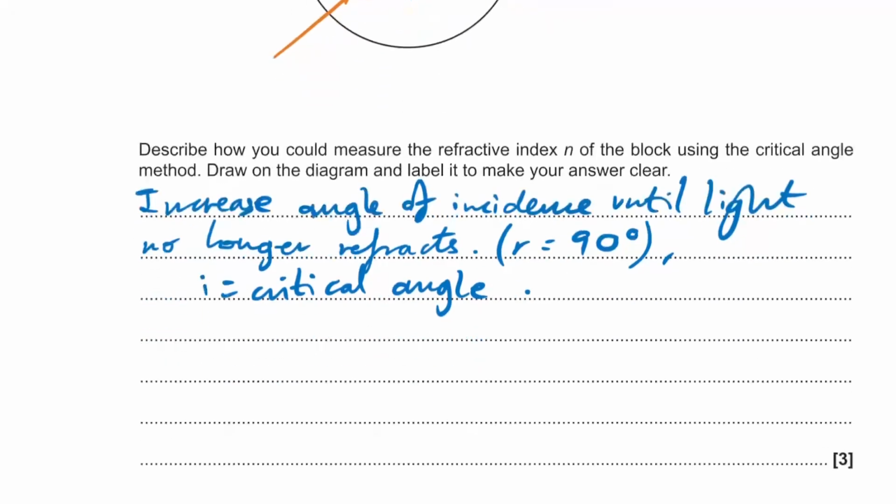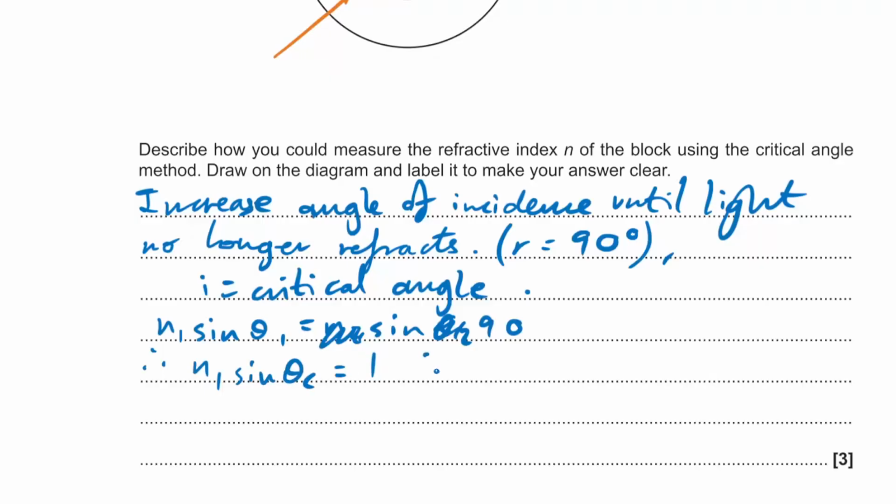Then we start with Snell's law: n1 sine theta 1 equals n2 sine theta 2. n1 is our glass, n2 is our air, and the angle in air is 90 degrees, so n sine theta c equals 1, therefore n is equal to 1 over sine theta c.